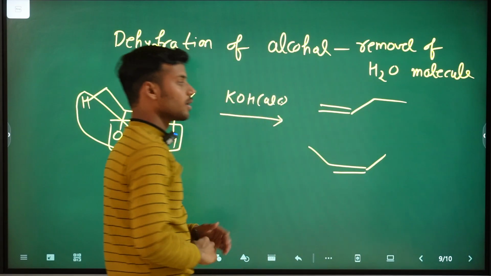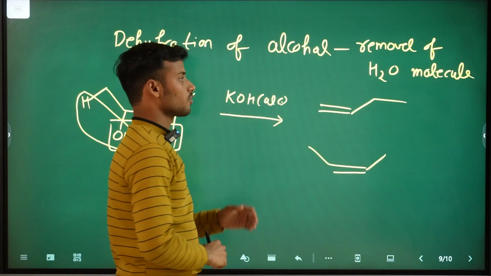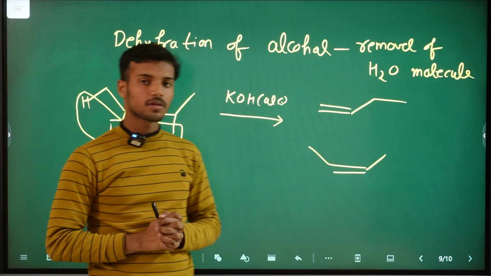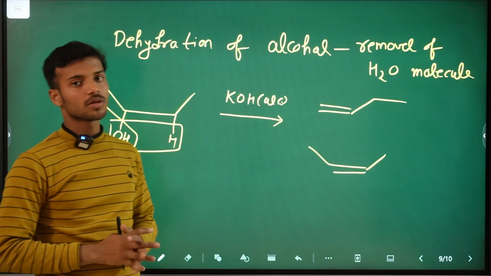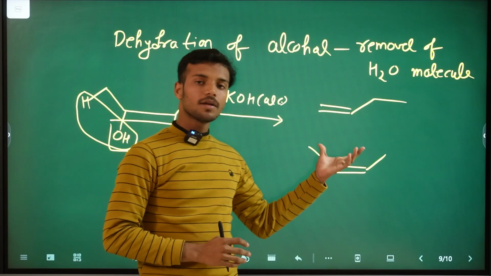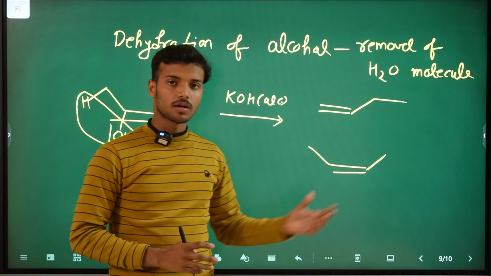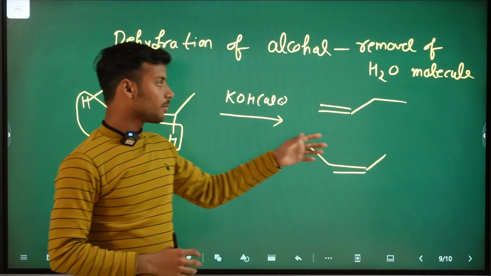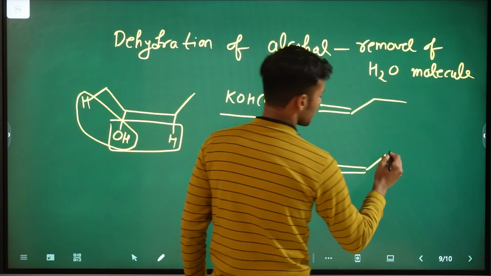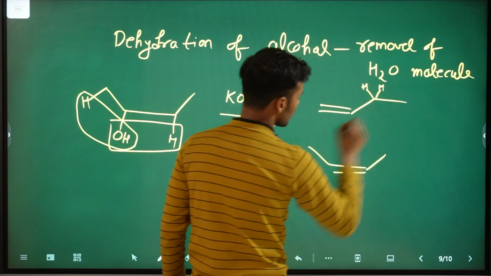So my question is, which one is the major product? On the basis of hyperconjugation effect, we can answer the major and minor product. Greater the stability of product, greater will be the amount of product. So between them, which one is more stable? We can answer on the basis of hyperconjugation effect.